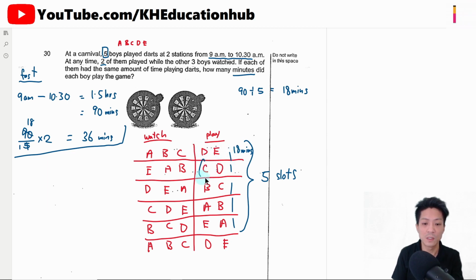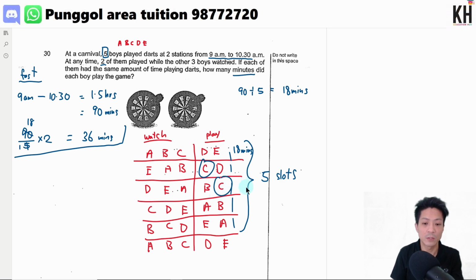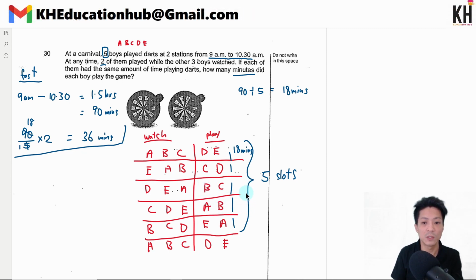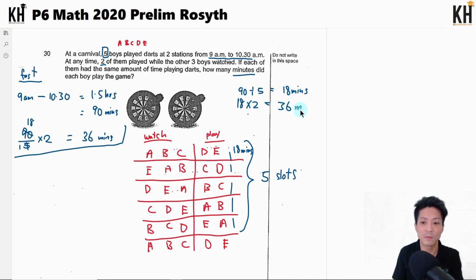If you focus on C, 2 slots. If you focus on B, also 2 slots. So any one of the boys will only get to play 2 slots out of 5 slots. The next step will be 18 times 2, and then you also get 36 minutes.